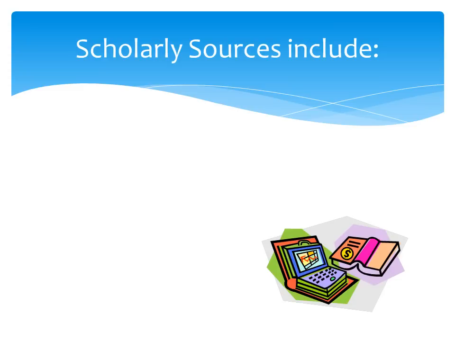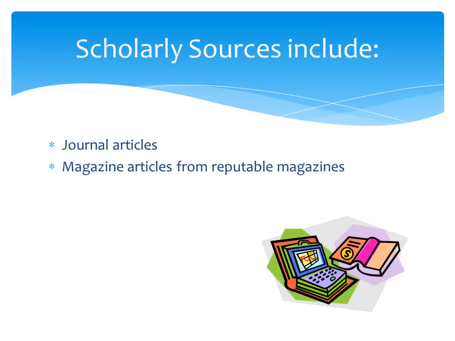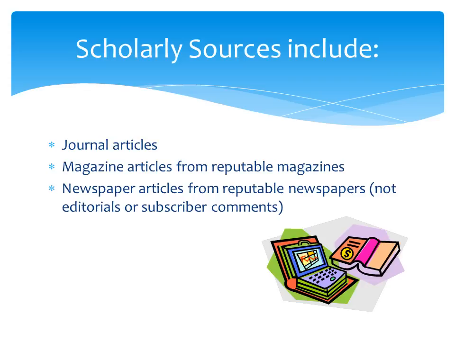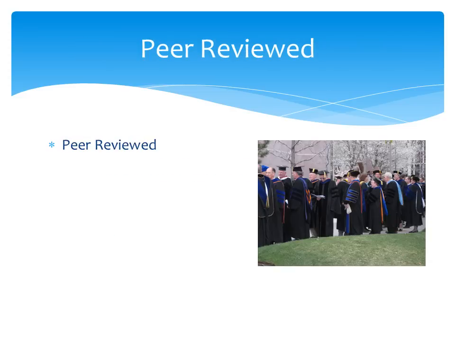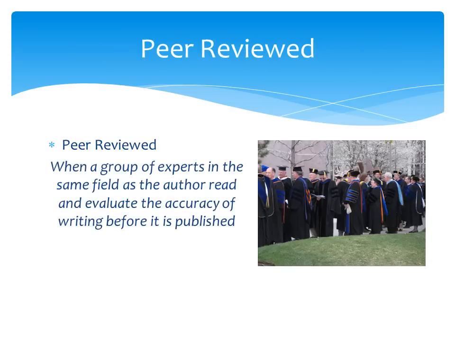What I mean by scholarly sources are journal articles, magazine articles from reputable magazines, newspaper articles from reputable newspapers, and again, not the editorials or the subscriber comments, books or ebooks. And when I say peer-reviewed, I mean that a group of experts in the same field as the author have read and evaluated the accuracy of that writing before it's published. Anytime you have an article that's scholarly and peer-reviewed, it's a good article.